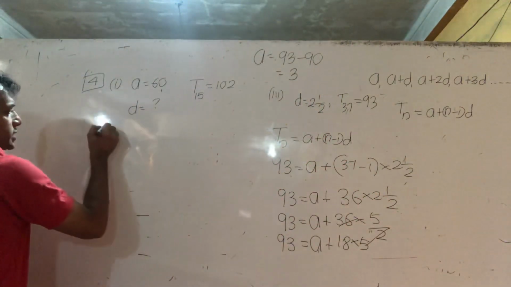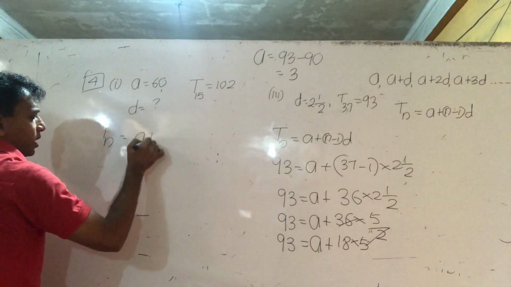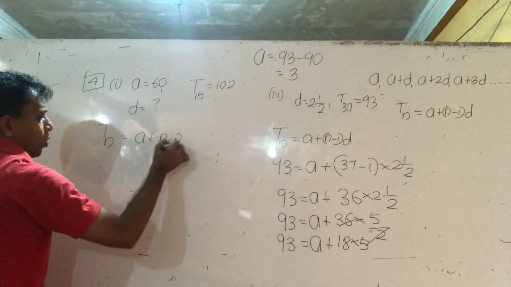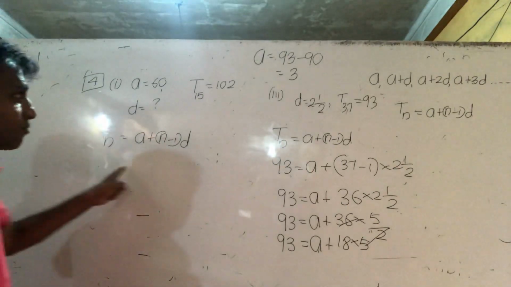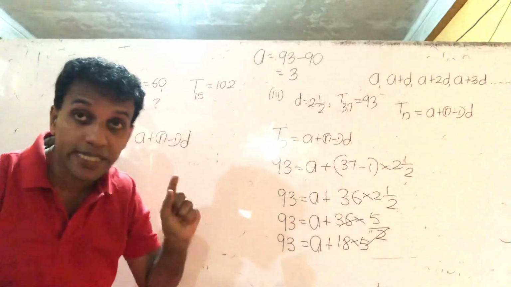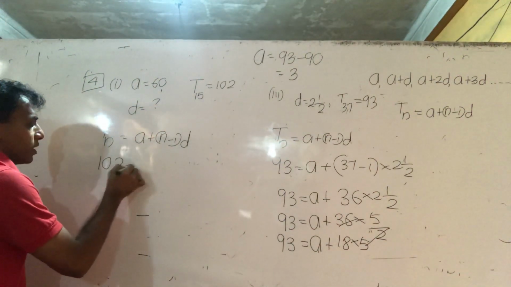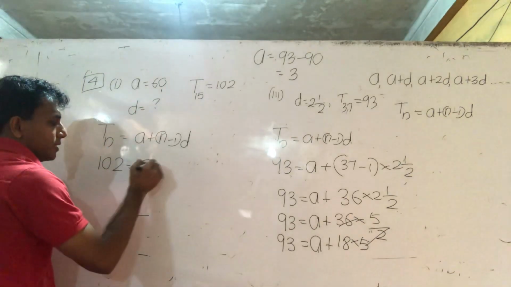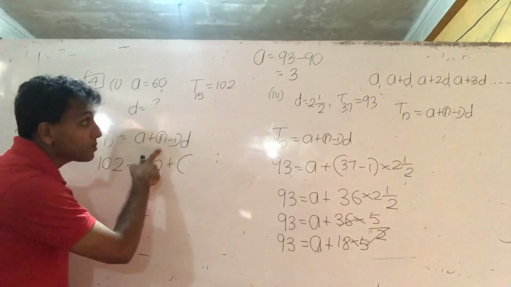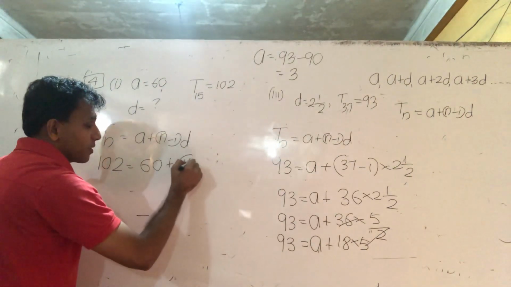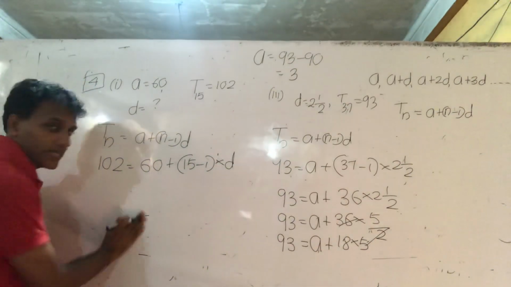So we apply that. Tn equals A plus n minus 1 into D. So Tn is 102, the 15th term. A is 60. What is n, the number of terms? 15, minus 1, into D. D is missing.